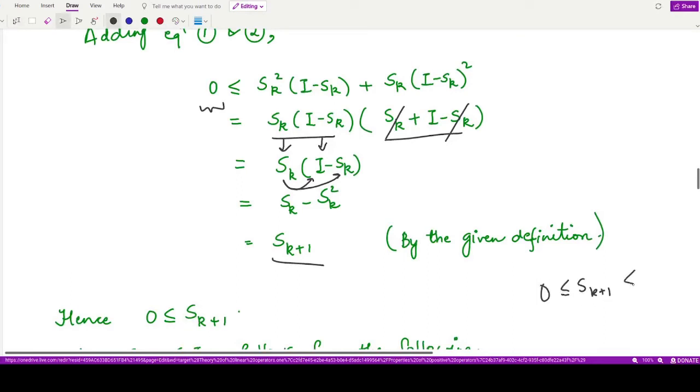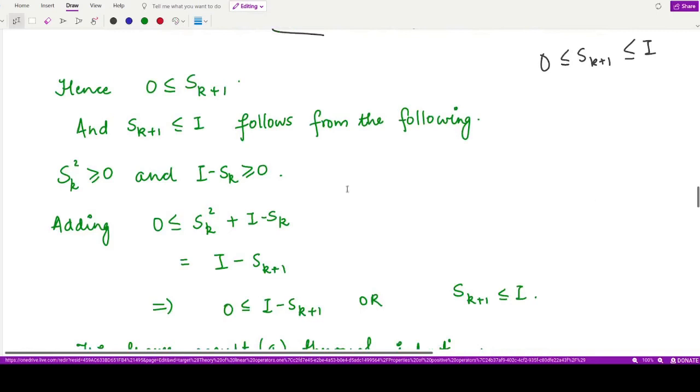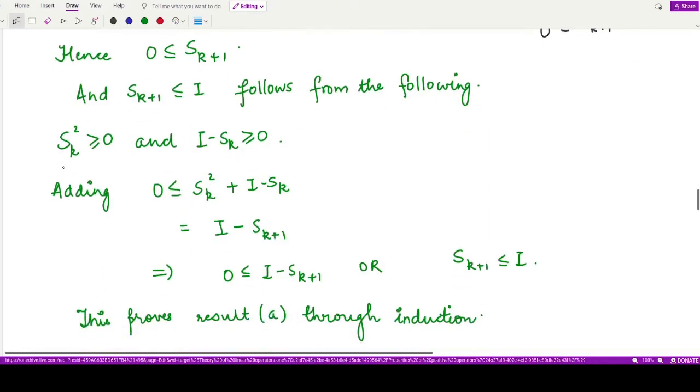And now we are left to prove that S_(k+1) is less than or equal to the identity operator. So we would have to prove that S_(k+1) is less than or equal to the identity operator. Now how can we make use of the fact that S_k squared is a positive operator?